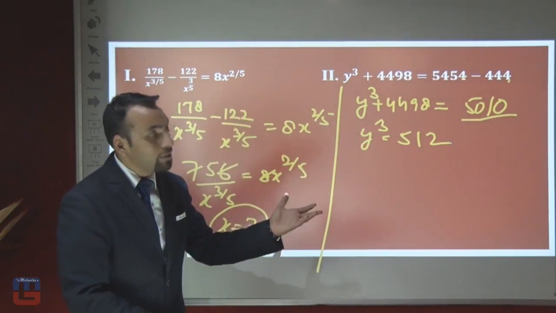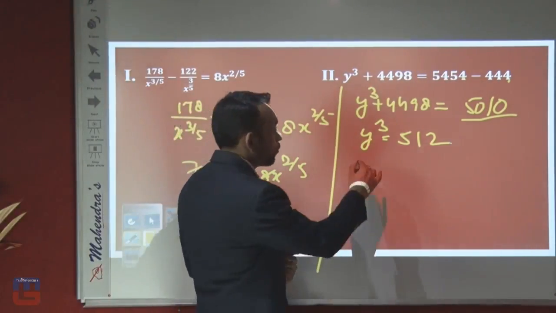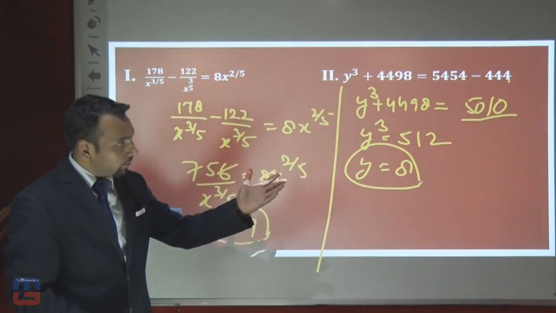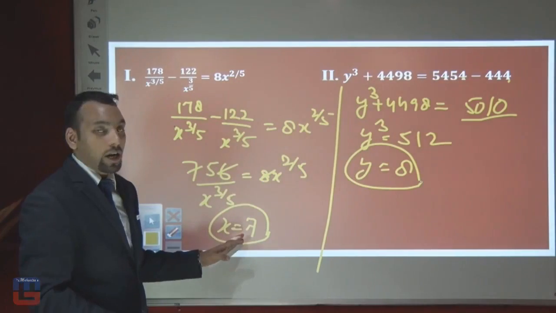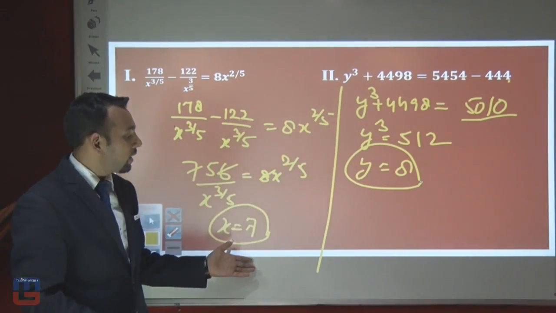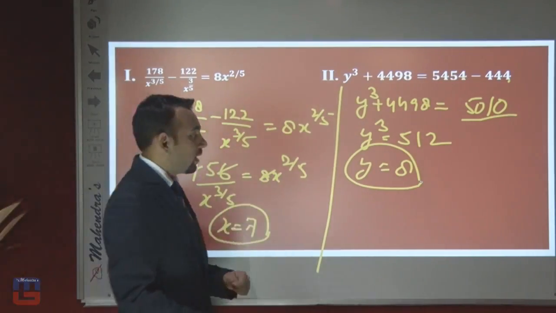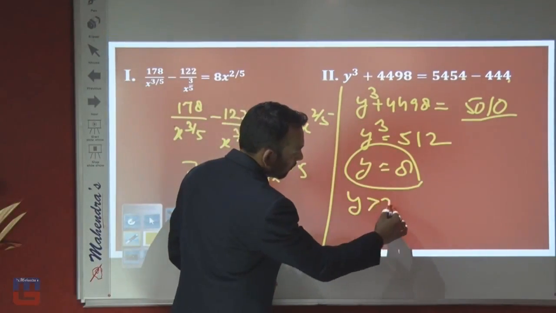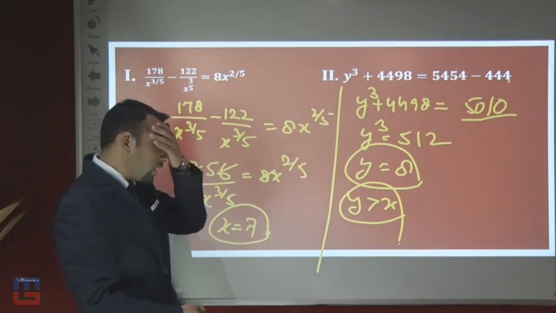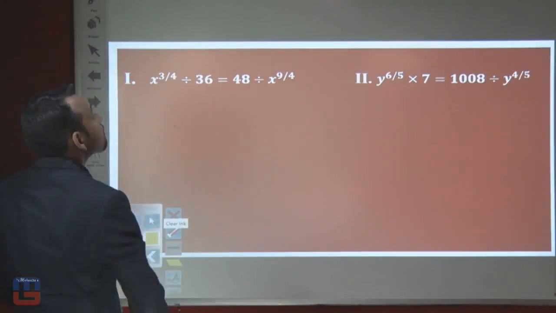So y cube is equal to 512, here you will get y will be equal to 8. So y you have, x you have, and you have to compare. Directly you can see here y is greater than x. So the answer will be y is greater than x. Right? Now move to the next question.